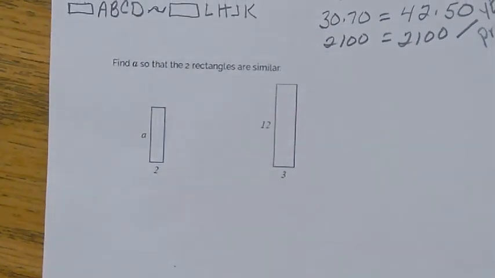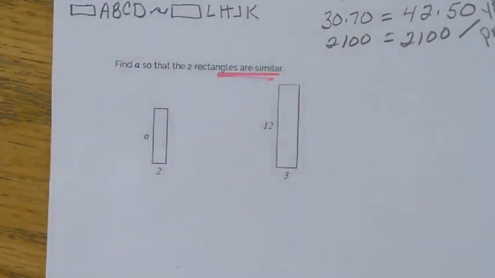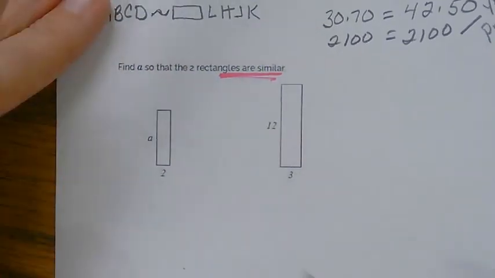It says find A so that the 2 rectangles are similar. So kind of what that language means is assume they're similar and let's find the value for A that makes them similar. Okay? So we're going to set up a proportion like we did up above.